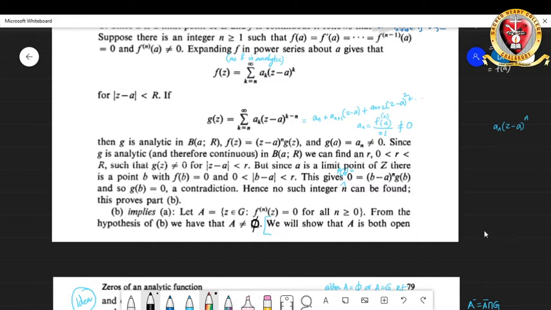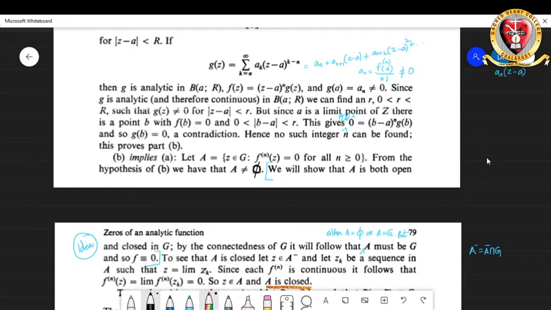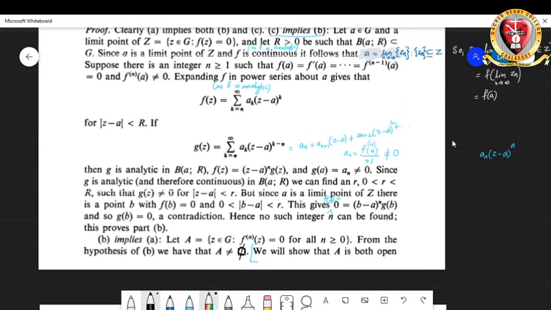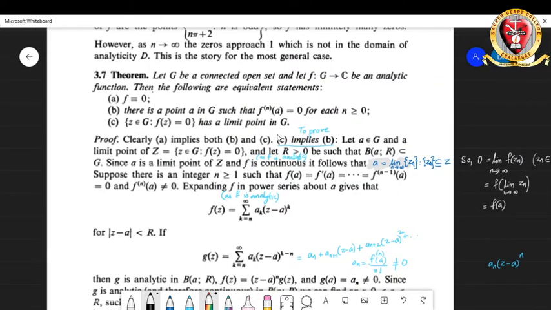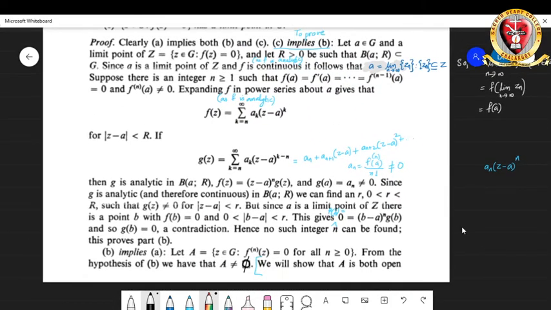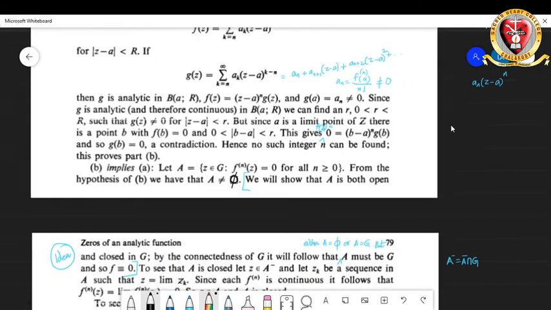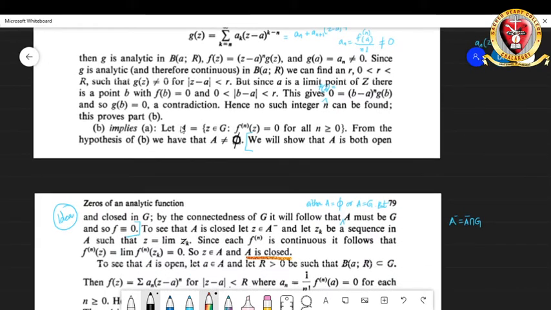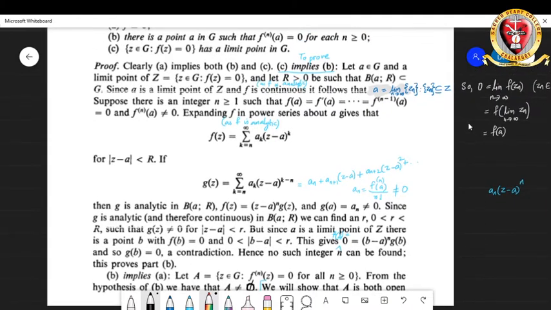So now we are moving on to b implies a. What we are going to assume is b, we know that the statement is there is a point a in G such that the nth derivative of f at a is equal to 0 for n greater than or equal to 0. So we have to prove f is identically equal to 0. For that, let A be the set of all z such that the nth derivative of f at z is equal to 0 for all n greater than or equal to 0.